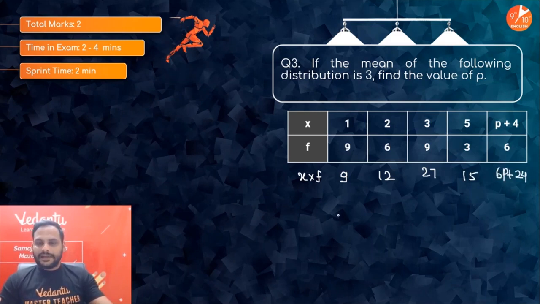So now I can say, mean is equal to the sum of xi into fi divided by the sum of the frequencies.